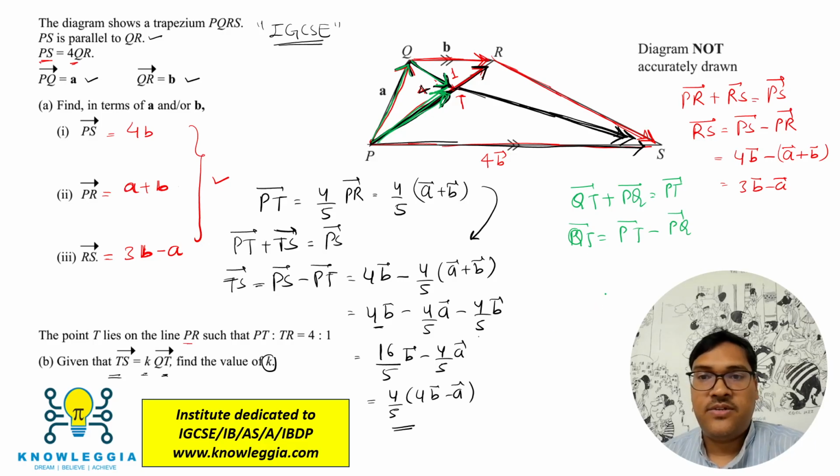Now we know all the vectors here. PT vector is 4 by 5 (A plus B). And what is PQ vector?